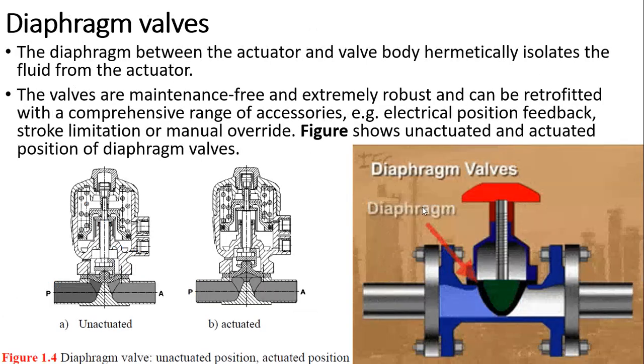Now, diaphragm valve. These are another type of direction control valve. Diaphragm valve is nothing but, you can see in the picture here in the animation. When it is pushed down, the diaphragm, this black thing, is pushed down.